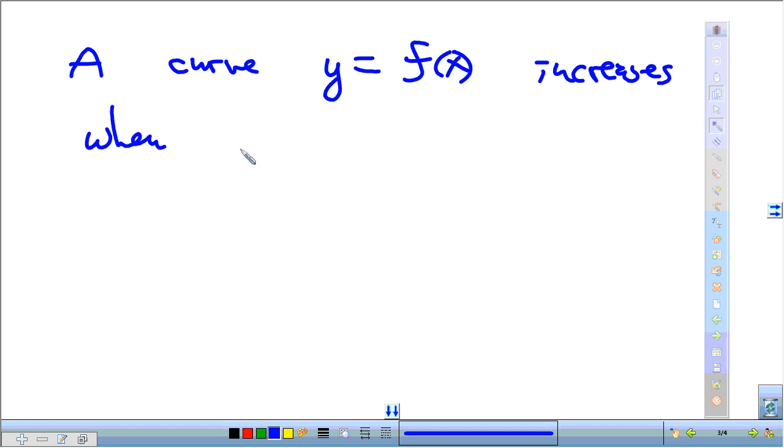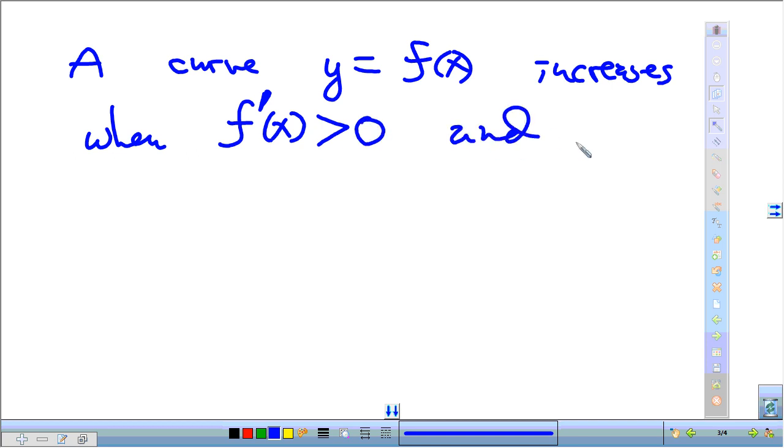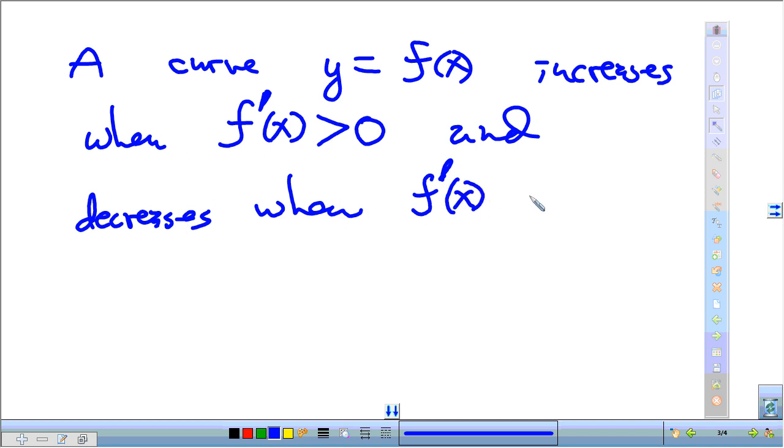So we could say a curve, y equal f of x, increases when the derivative, so f prime or df dx, is positive or greater than 0, and decreases when this derivative, the slope at each point, is less than 0 or negative.